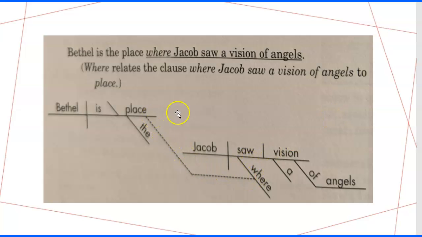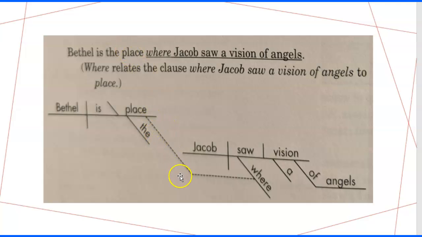Here's where it's going to be connected. Well, let's go back and ask the questions first. What is our main clause? Well, if we take where Jacob saw a vision of angels, that's dependent. It doesn't make sense on its own. We're left with Bethel is the place. Bethel is backslash place. But then where Jacob saw a vision of angels is modifying place.